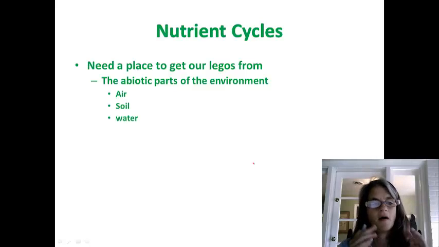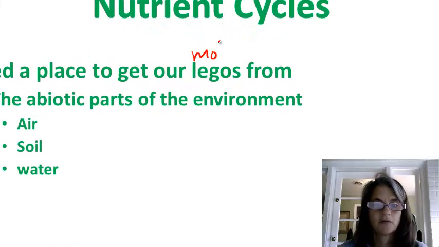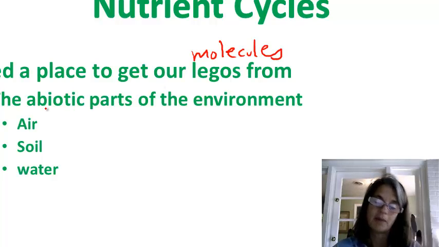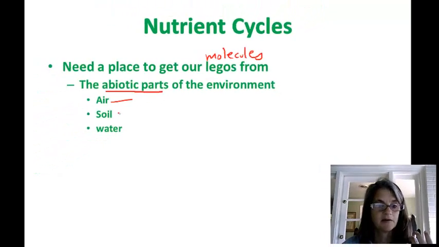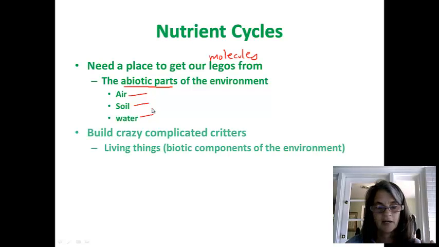All living things need a place to get our building blocks, our molecules from, and where we get those basic molecules from is the abiotic parts of the environment, meaning like the air, the soil, the water, okay?